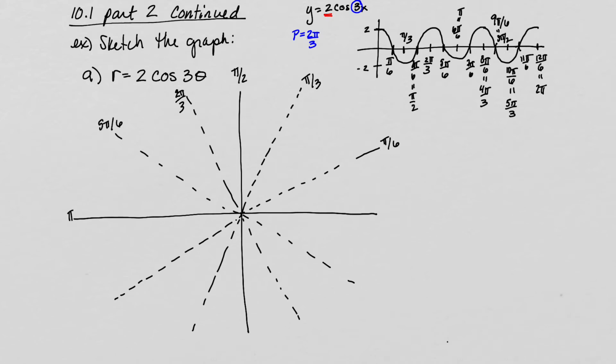This is 6 pi over 6, which is pi. 7 pi over 6. 8 pi over 6, which is 4 pi over 3. 9 pi over 6, which is 3 pi over 2. 10 pi over 6, which is 5 pi over 3. 11 pi over 6. And then finally, we're back at, this was 0, and now it's also 2 pi. Okay, so I have the setup ready to draw my curve. Does anyone have any questions on anything I've done so far?